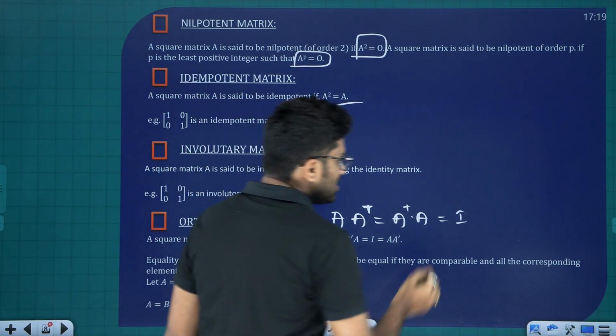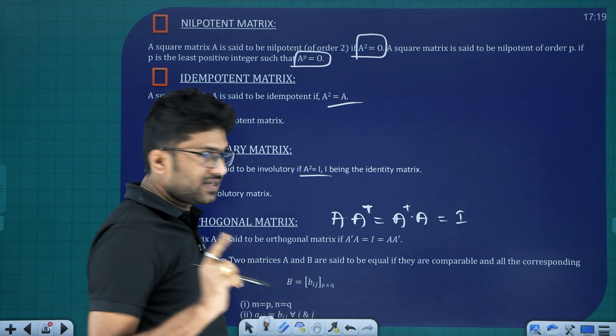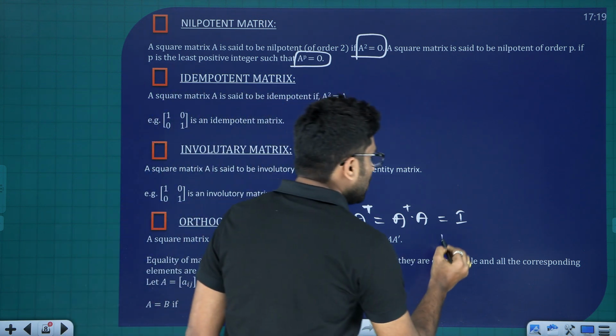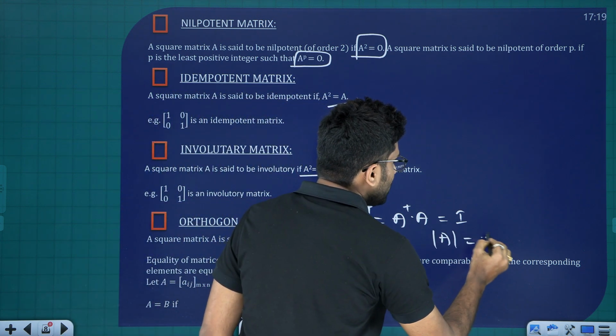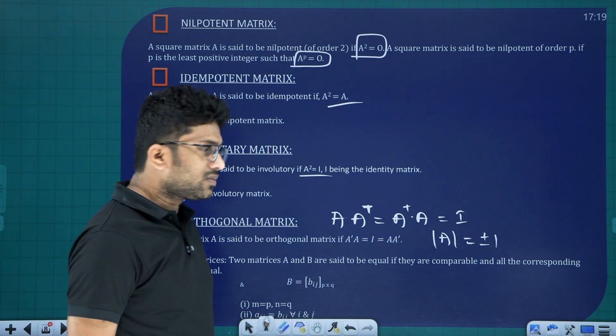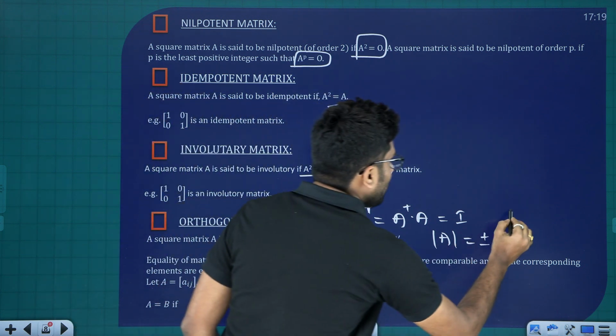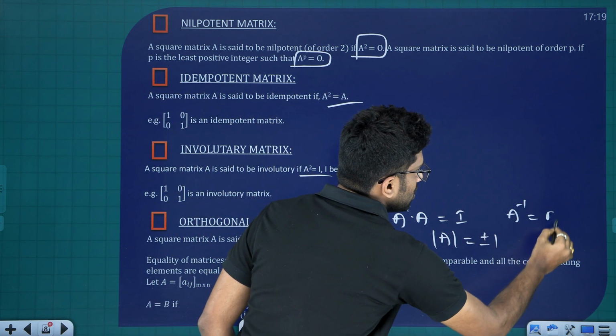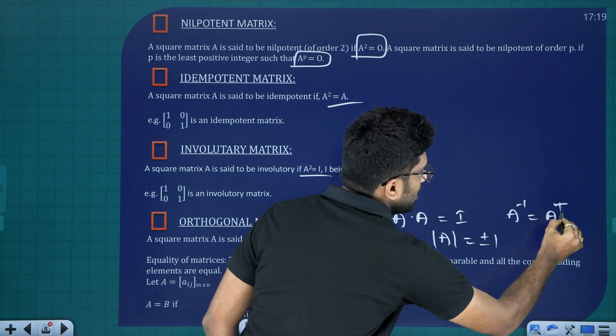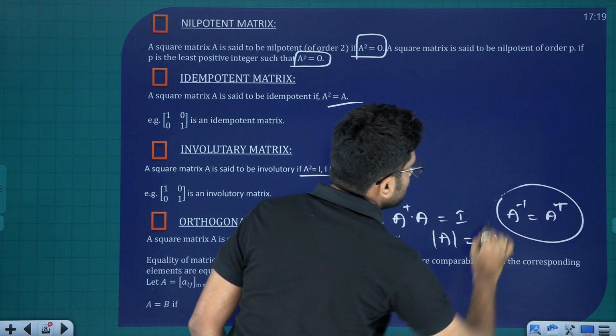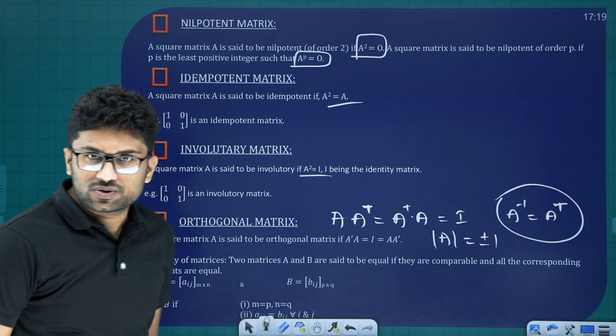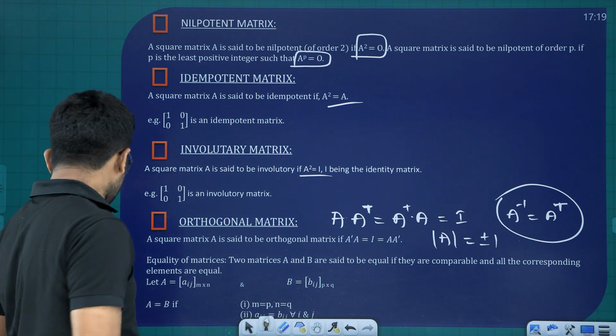Moreover, important conditions regarding an orthogonal matrix: if A is any orthogonal matrix, then its determinant will always be plus or minus 1. And the inverse of an orthogonal matrix is always equal to its transpose. A transpose is equal to A inverse.